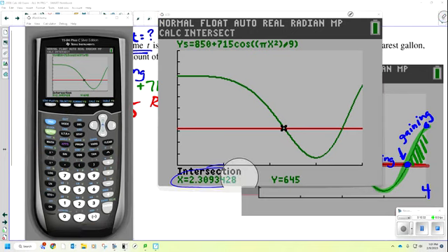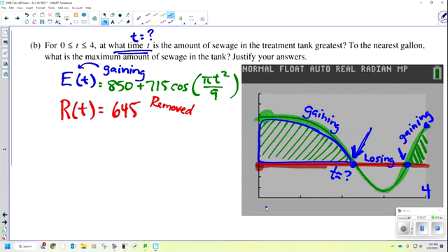2.309. So I go back to my graph, and that's 2.309. All right, so from time 0 to hour 2.309, I have been gaining more and more and more sewage. So that might be the time where I have the most. Because after that, I'm losing sewage. I'm not going to have more.